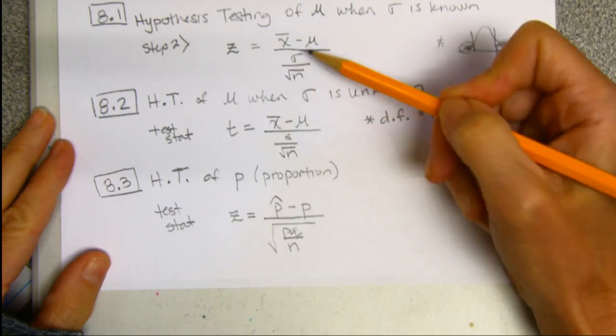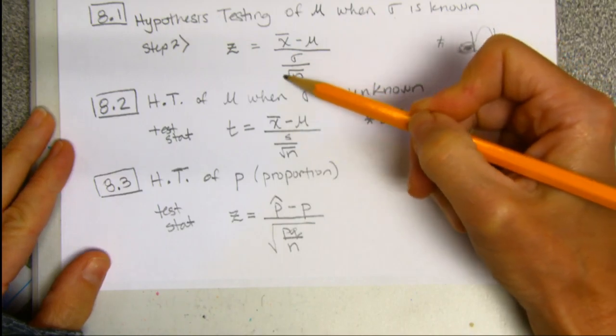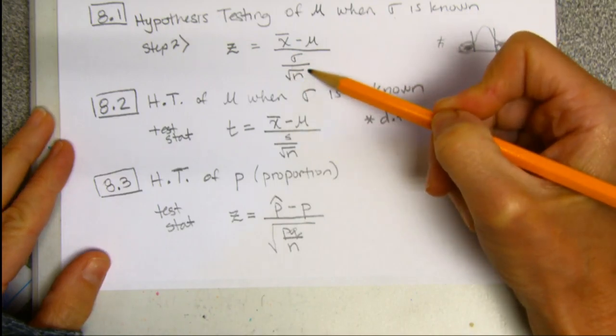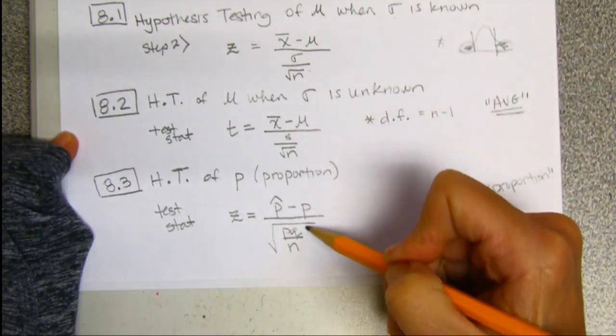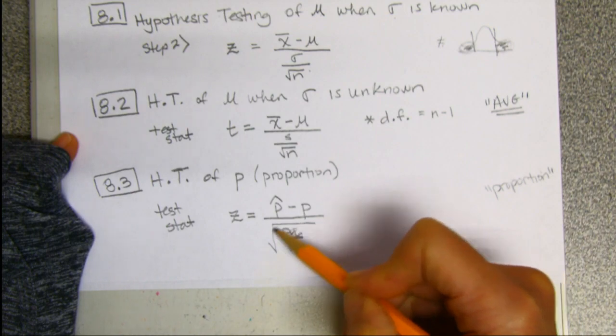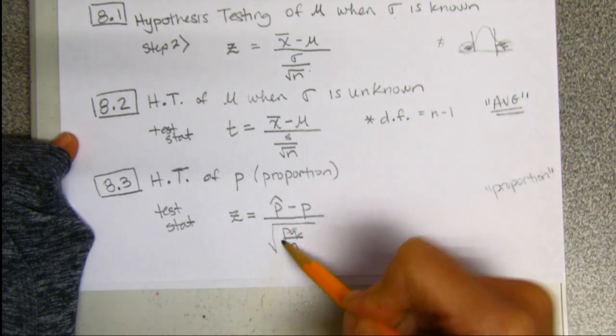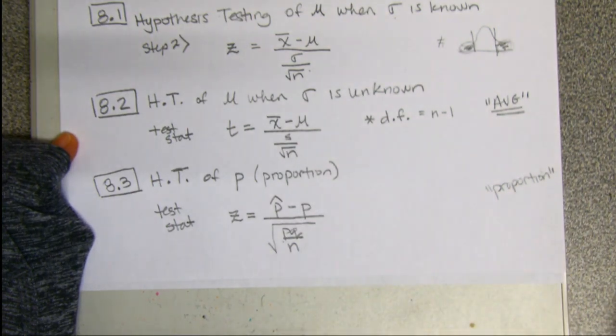In these two, the square root is just in the denominator of the denominator. In this one, the square root is the entire denominator. So watch out for things like that.